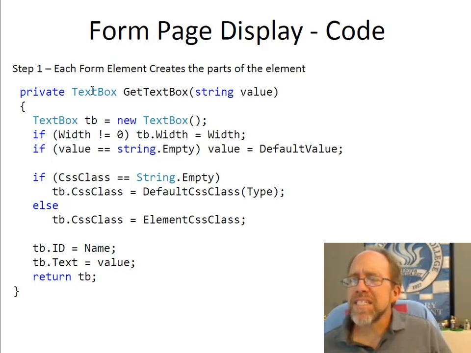But the text box itself does have two pieces. It has the label and the text box itself. So here we have the code that basically says, let's get the text box itself and be able to return ourselves as a text box. So there's the width. If it has a value, it returns the value, and the value is passed to it. That is the data value.